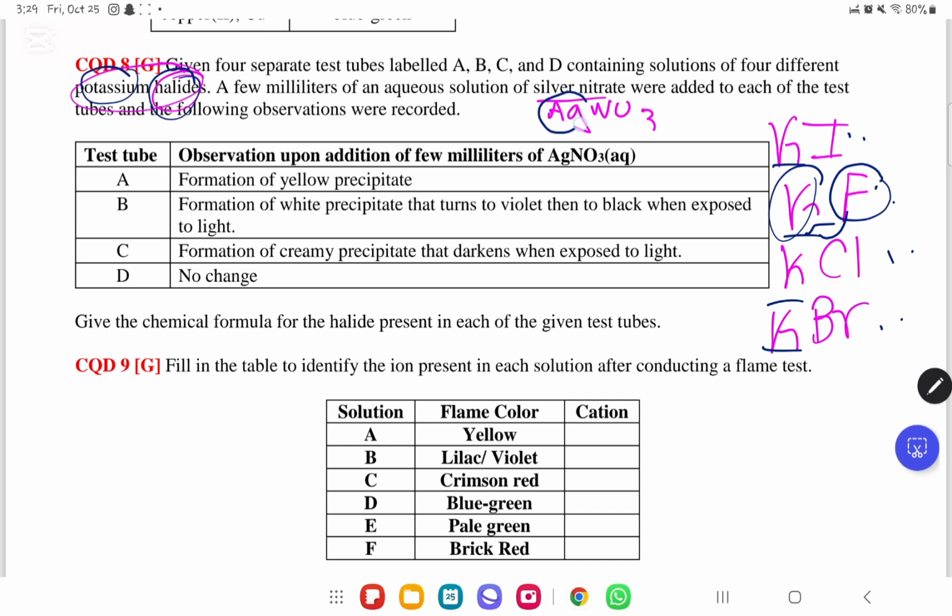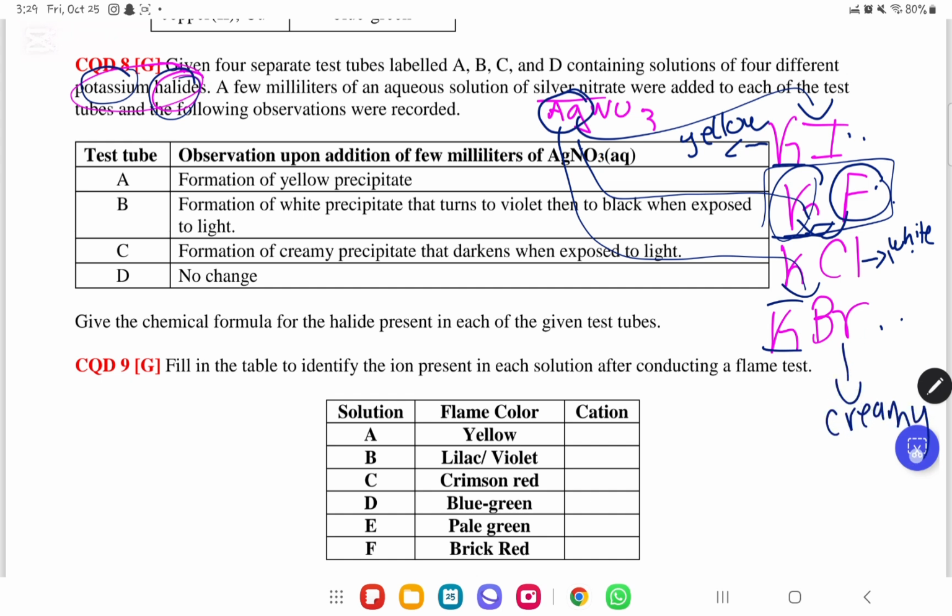So anytime you add Ag to I, Cl, or Br, this is something we memorized from the tests. We know that I will produce a yellow precipitate. F will not react, of course, so no change. Cl will produce a white precipitate, and Br will produce a creamy precipitate.